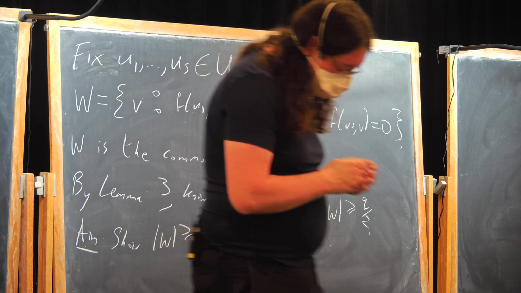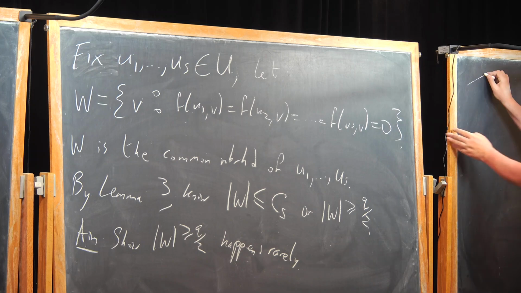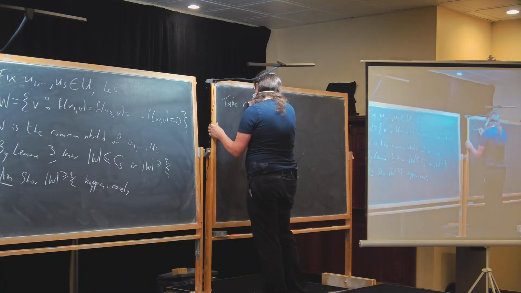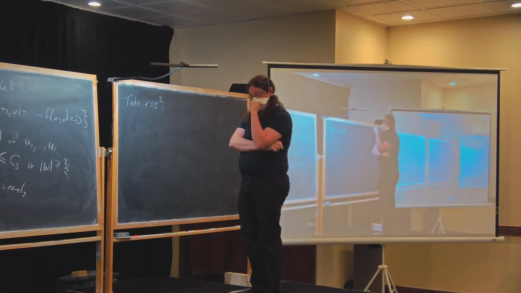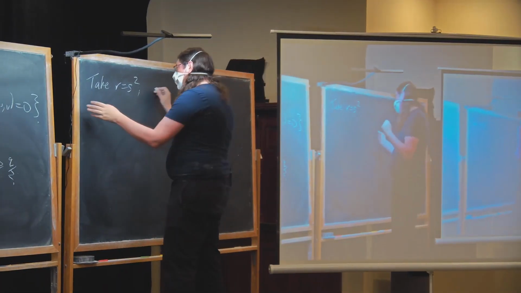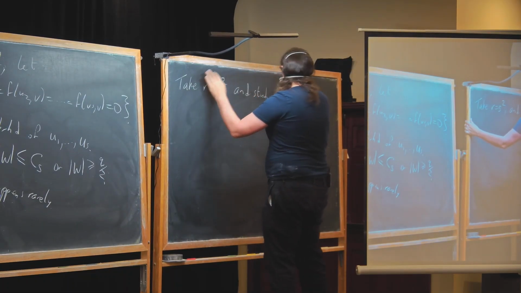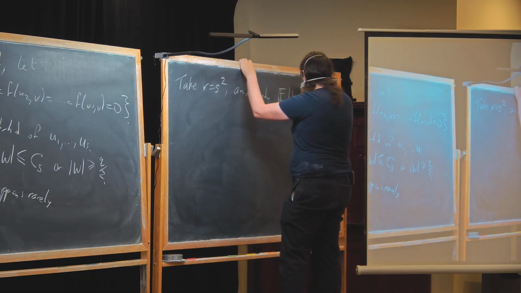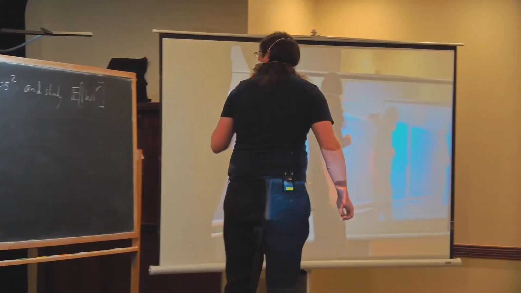All right. For this, ultimately I'm going to take r to be around s squared. And I want to calculate the moment, and study the expectation of the r-th moment of the size of this neighborhood. Okay? So what is this thing?